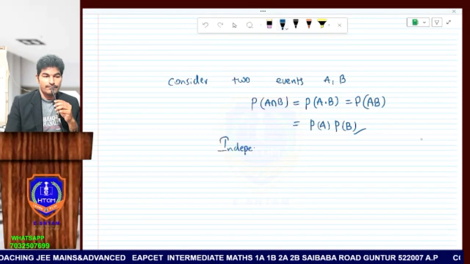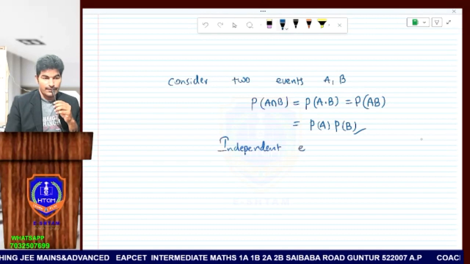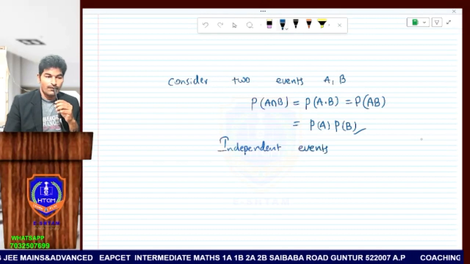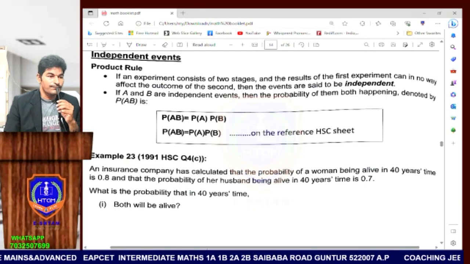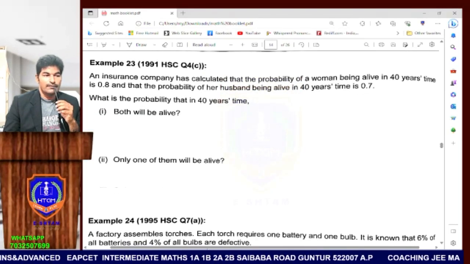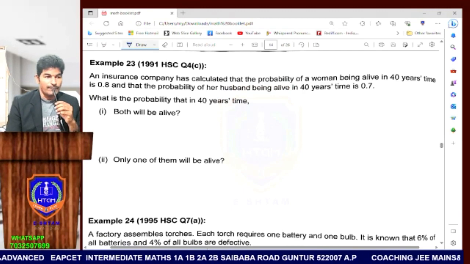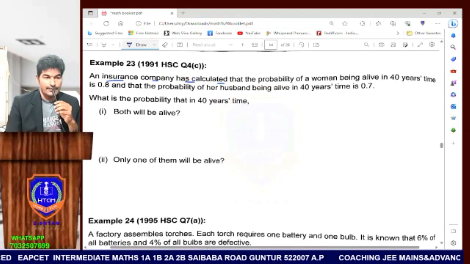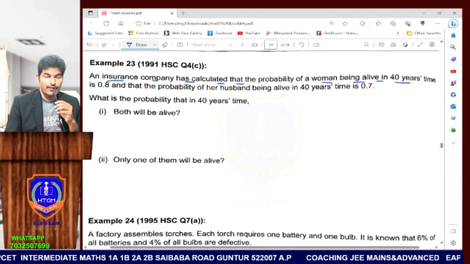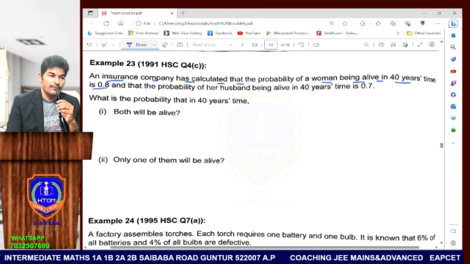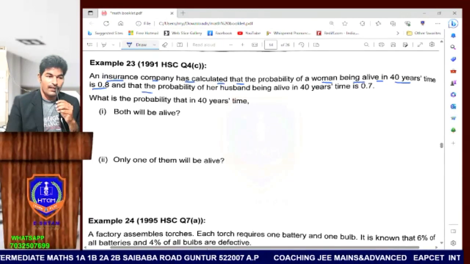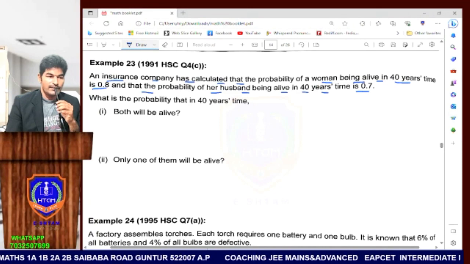Okay? Independent events. So now let us consider one example. An insurance company has calculated that the probability of a woman being alive in 40 years' time is 0.8, and that the probability of her husband being alive in 40 years is 0.7.